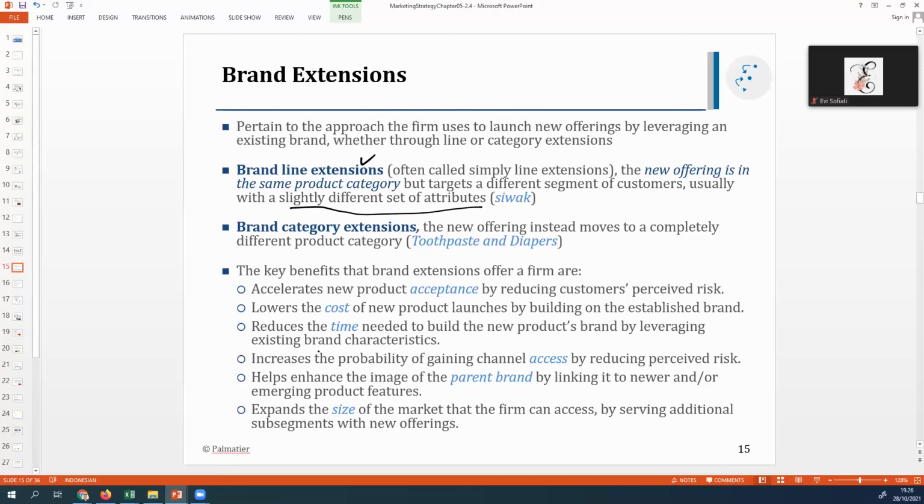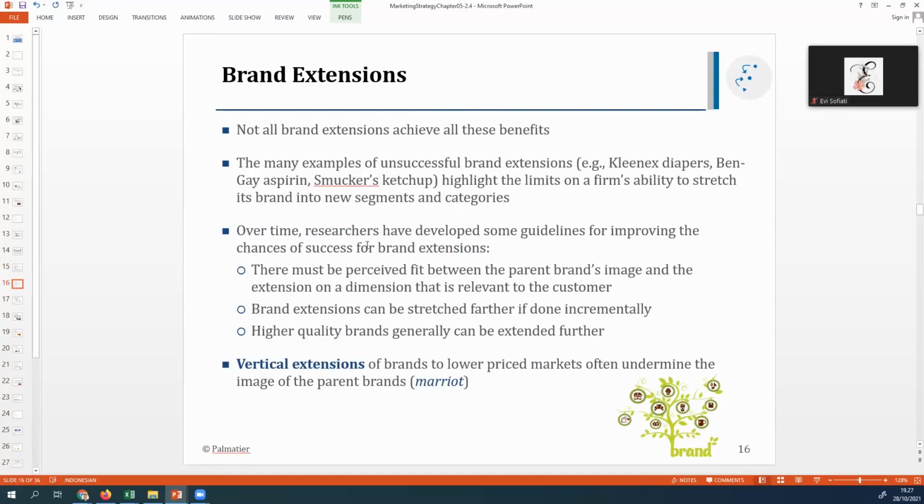And then number two is the brand category extension. So there is another category of product, such as toothpaste and diapers. The new offering moves into a completely different product category. And then the third one is the vertical extension.